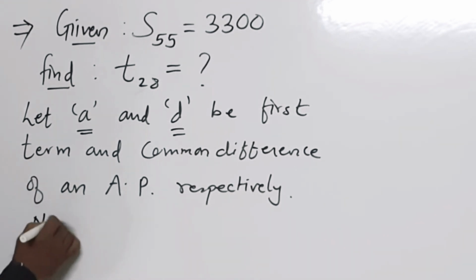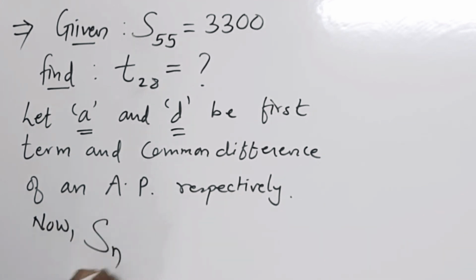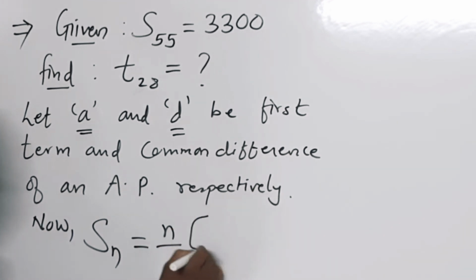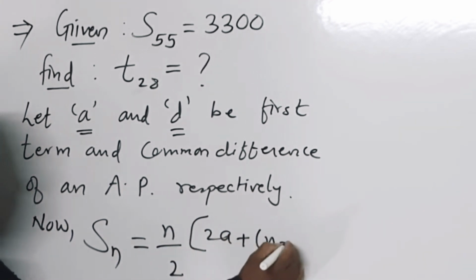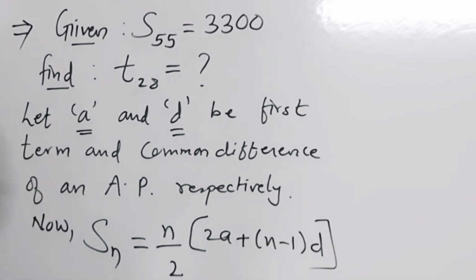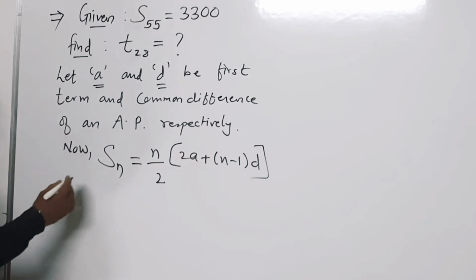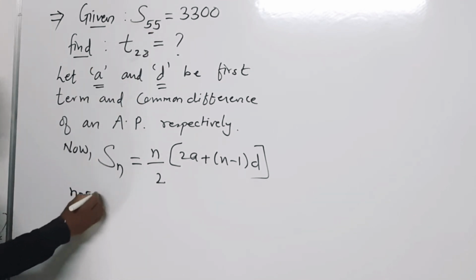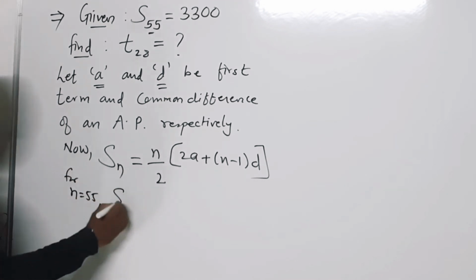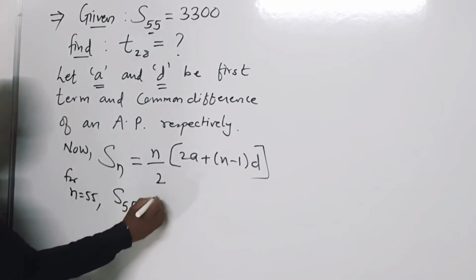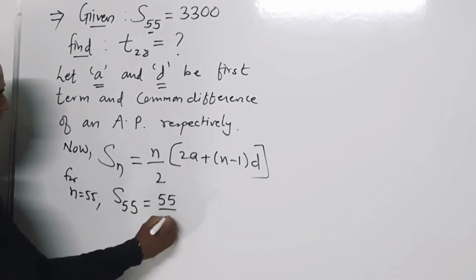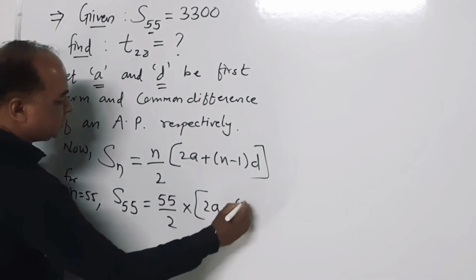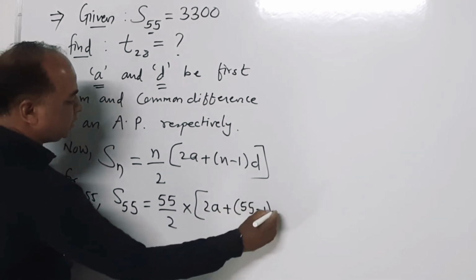Now we know that the sum of n terms Sn is given by the formula n upon 2 into bracket 2a plus n minus 1 into d. Now for n is equal to 55, S55 is equal to 55 upon 2 into bracket 2a plus 55 minus 1 into d.